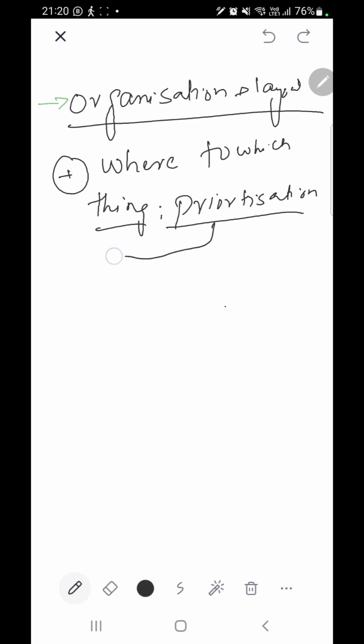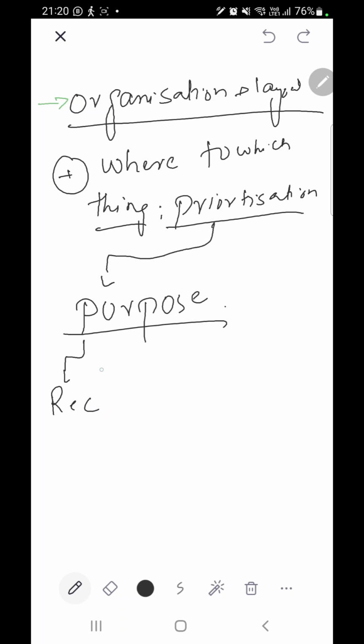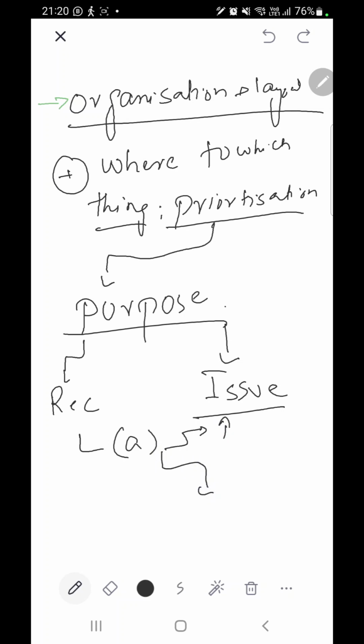Again, this depends upon your purpose of writing, the recipient end, and the issue end. According to that, particular case notes would either be prioritized to be written above or written below, depending upon the case.